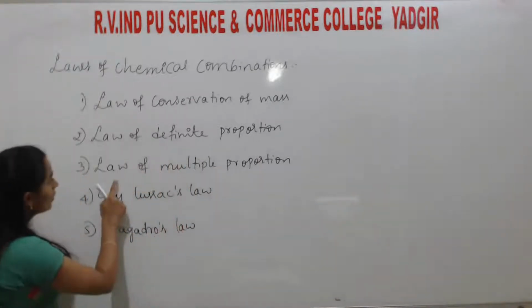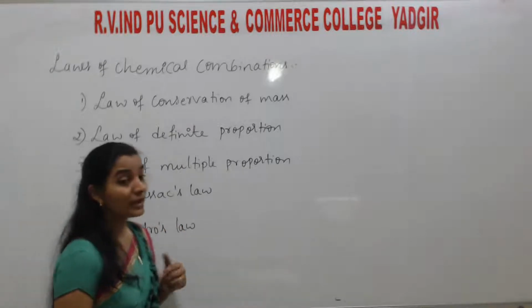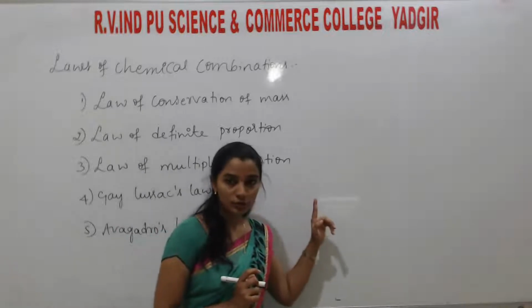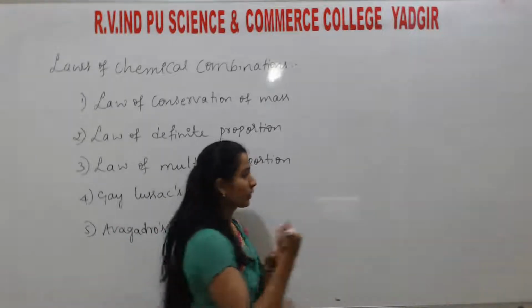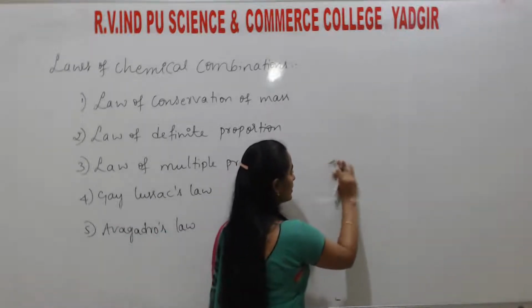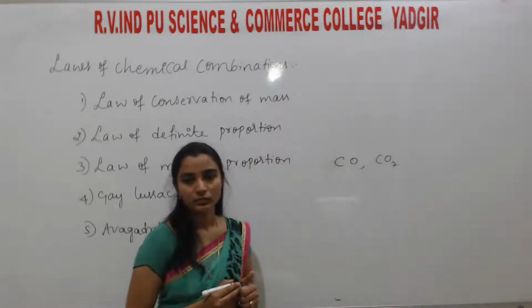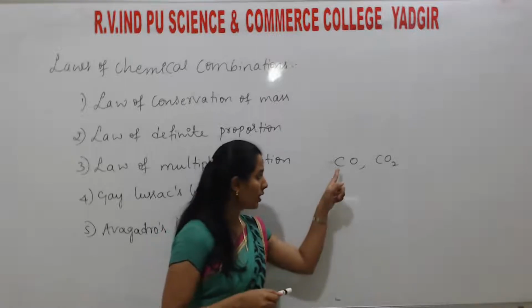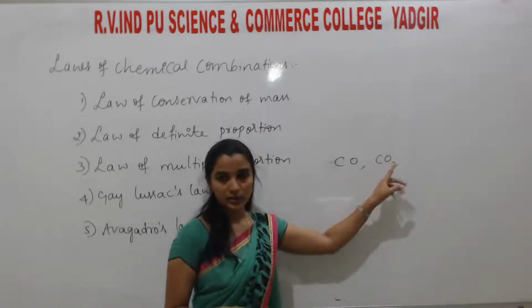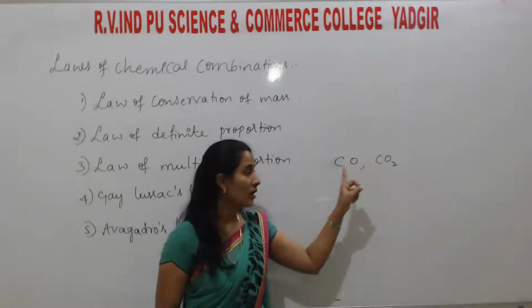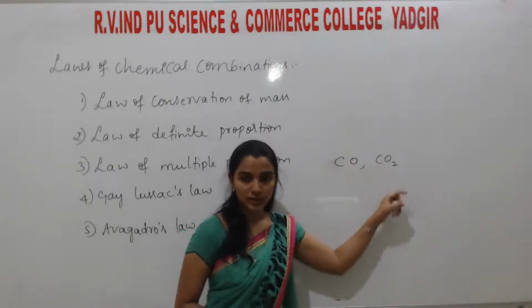Next, law of multiple proportion. Multiple proportion means, for example, I'll take the example of H2O and H2O2. Or you can take carbon monoxide and carbon dioxide. Both have carbon and oxygen. In CO and CO2, only carbon and oxygen are there, but CO is different, CO2 is different.